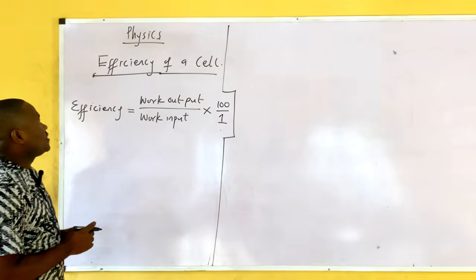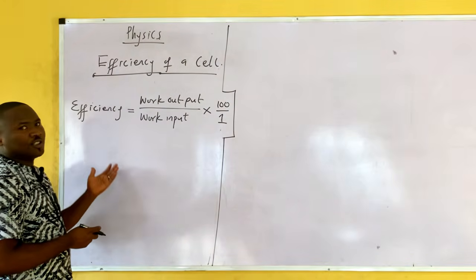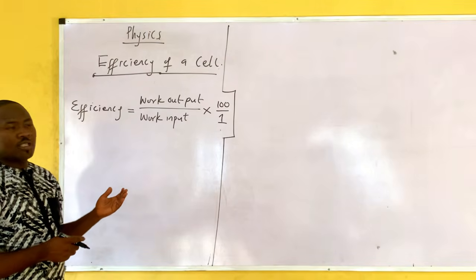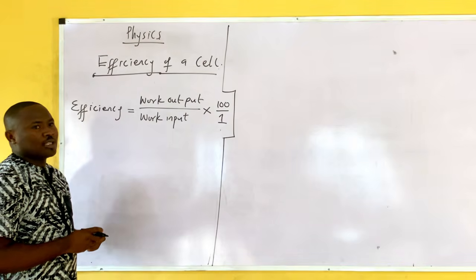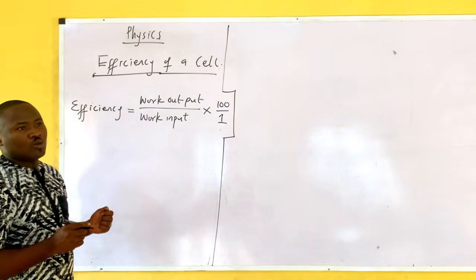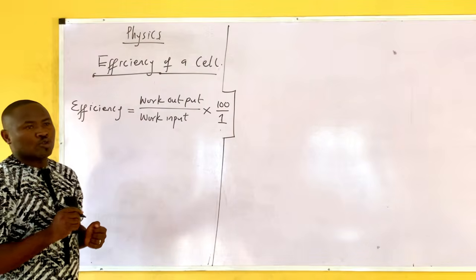Now let's look at efficiency of a cell. What's the efficiency of a cell? The efficiency of a cell is the work output over the work input times 100 over 1. Now look at this very well. It's very important to know this.